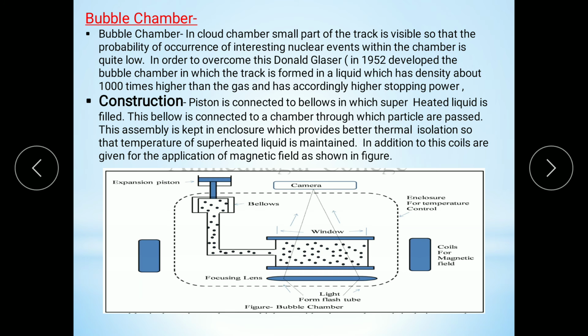Now, the next one is the bubble chamber. As we saw in the cloud chamber, only a small part of the track is visible, so the probability of occurrence of interesting nuclear events within the chamber is quite low. It means the volume of the cloud chamber is small, and due to that only a small part of the track is visible.